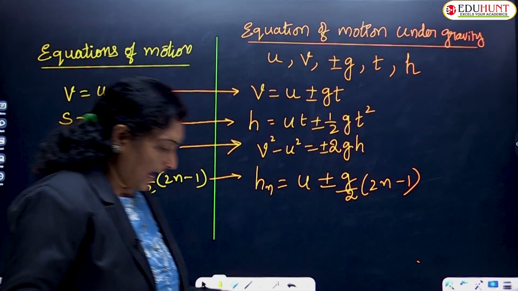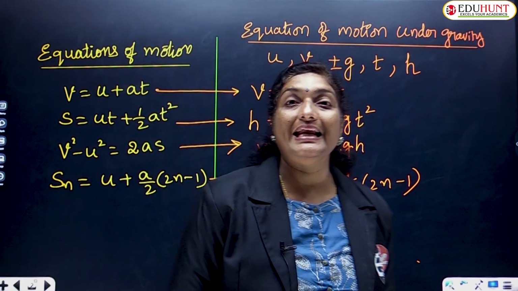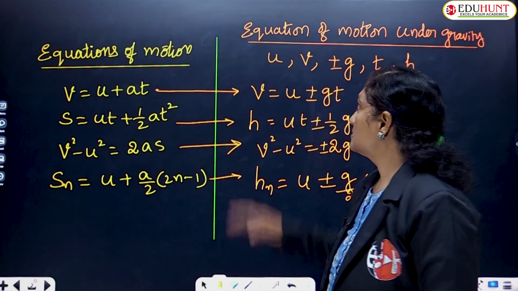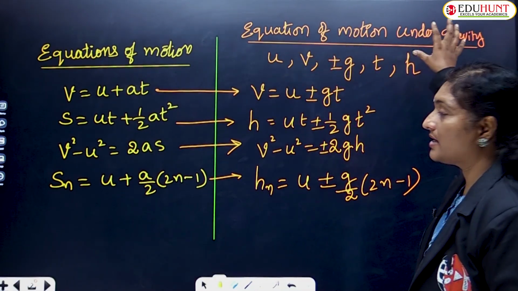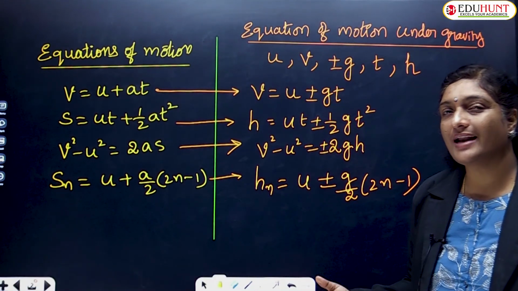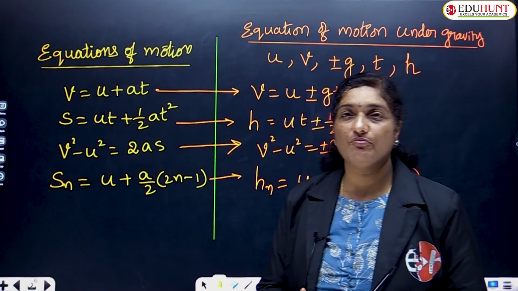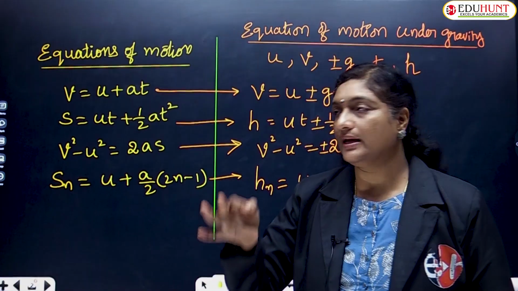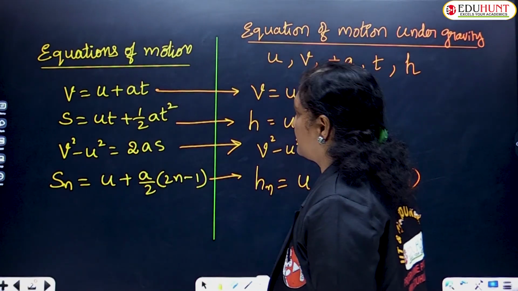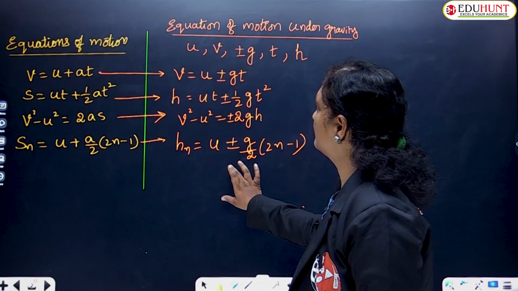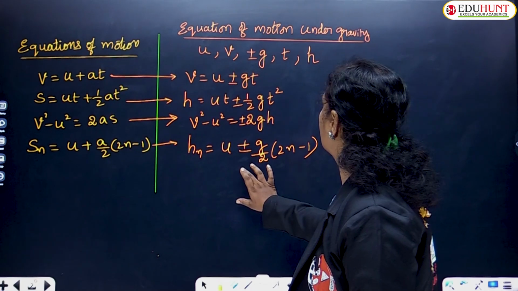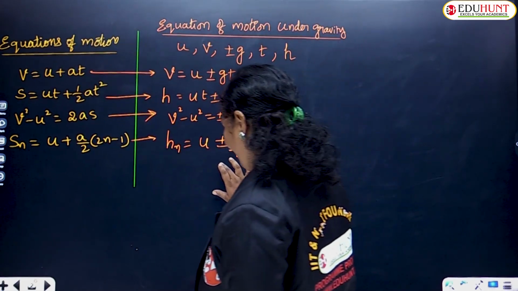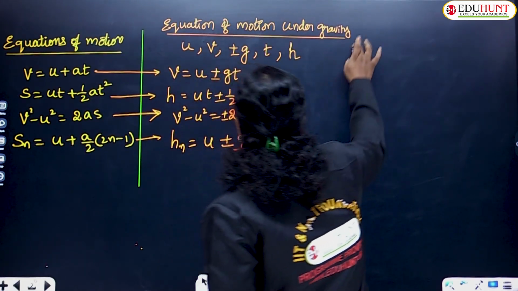You have to find the ratios of the three distances. Hence, the ratio of the distance covered in the first second to the second second to the third second is g by 2 is to 3g by 2 is to 5g by 2.